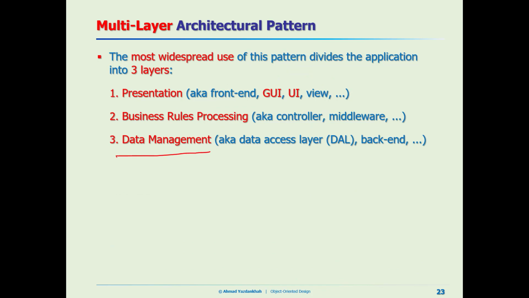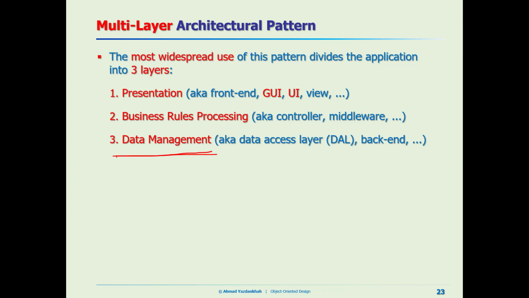The data management layer's job is to deal with the data. The data can be a database, a file system, web services, whatever, right? Its job is to provide the data to the rest of the application.